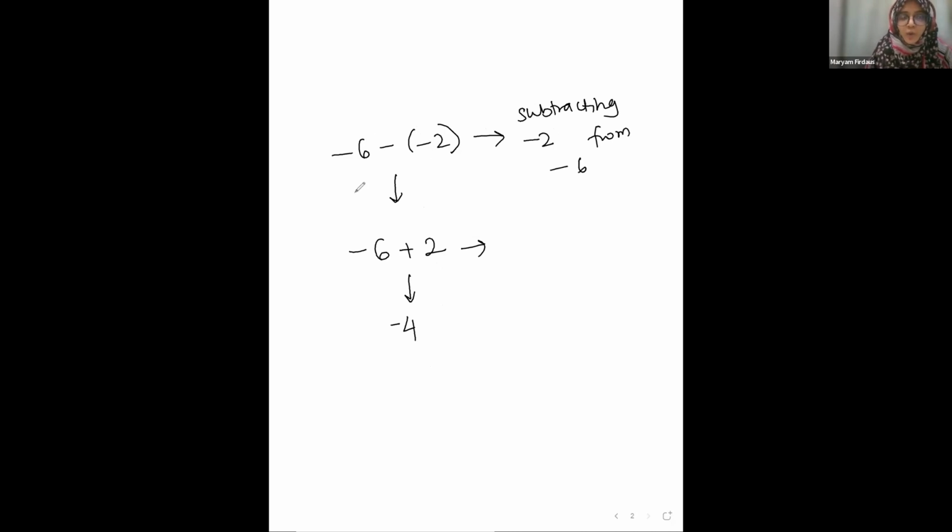Look at the language of the expression. This is known as a mathematical expression. The sign is telling you that you are subtracting minus 2 from minus 6.